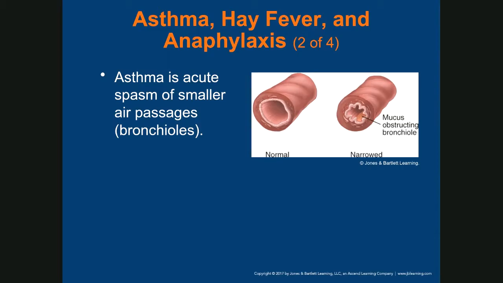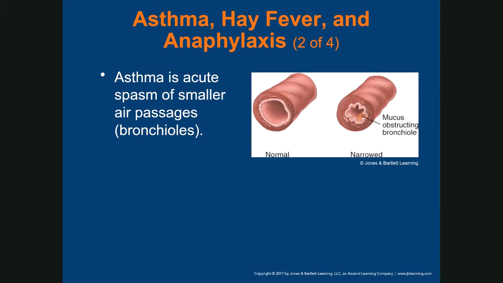And there are three things that will occur when your patient is having an asthma attack. They get bronchoconstriction, right? So they are exposed to an allergen, whatever that trigger is, or it can be an emotional trigger as well.